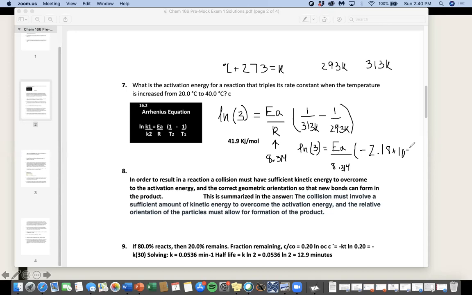So your first step here would be to divide natural log of 3 by that value that you just got, and you're going to get 5,037, which equals activation energy over 8.314.